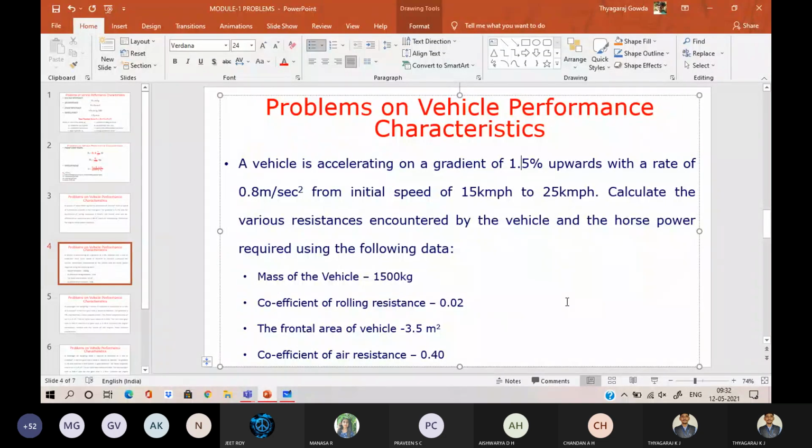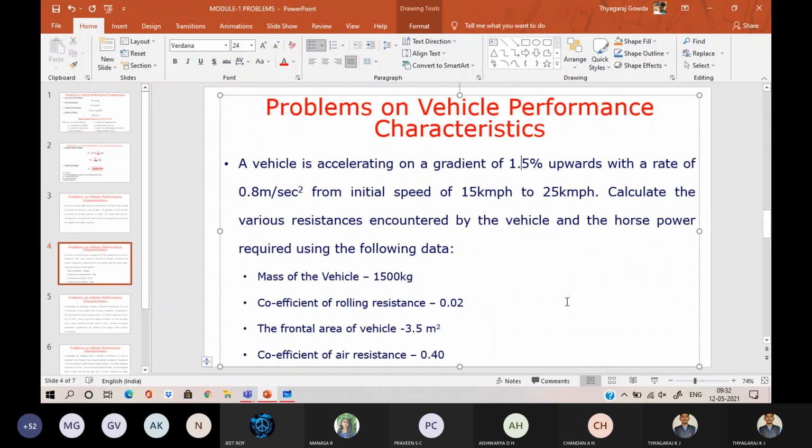Mass of the vehicle 1500 kg. Coefficient of rolling resistance 0.02. Frontal area of vehicle 3.5 meter square. Coefficient of air resistance is 0.4.